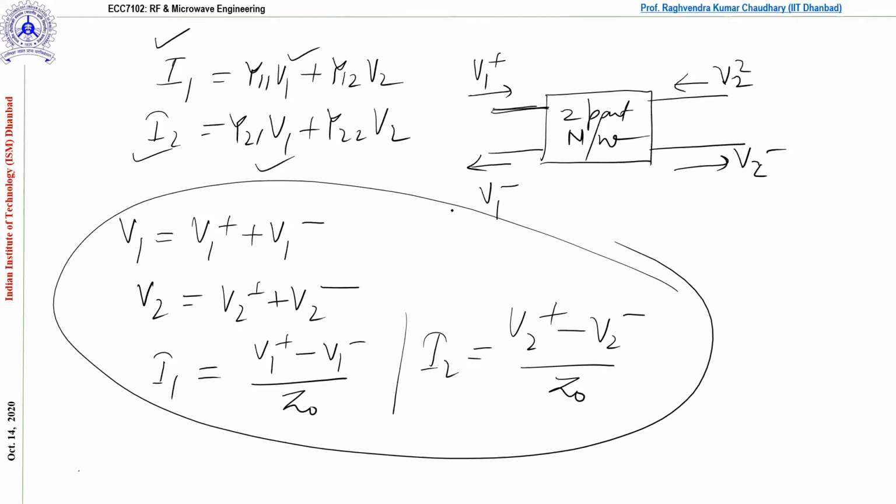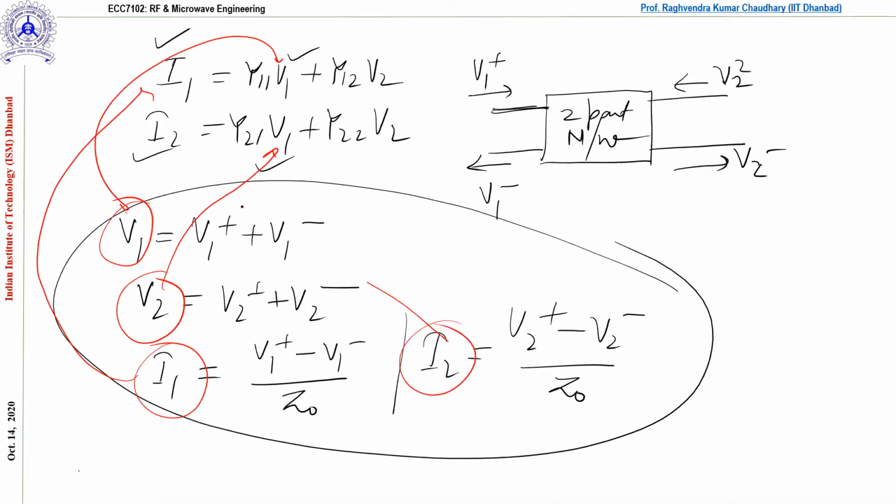I say voltage wave and current wave because, as I told you, voltage and current cannot be measured directly, and it is not justified to measure at high frequency because they keep changing and fluctuating. Now what we can do is use V1 and V2 here, I1 and I2 here, and try to make a new relation.